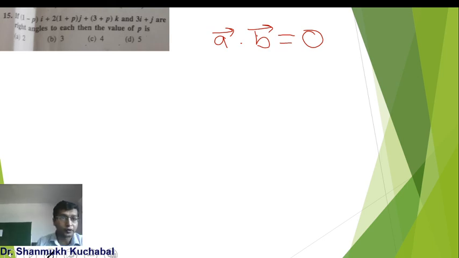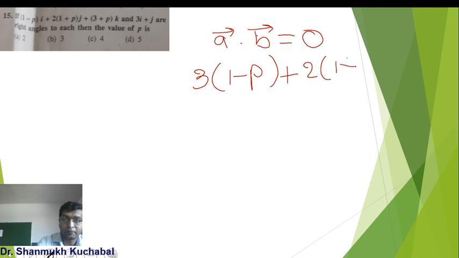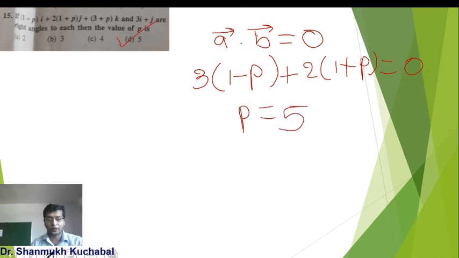For the dot product, the i coefficient is multiplied by the i coefficient, the j coefficient by the j coefficient, and the k coefficient by the k coefficient. So we get 3 times (1 minus p) plus 2 times (1 plus p) equal to 0. If we simplify this, we get the p value as 5. Therefore clearly option D is the right answer. So like this we have to solve it. You can take a screenshot of this.